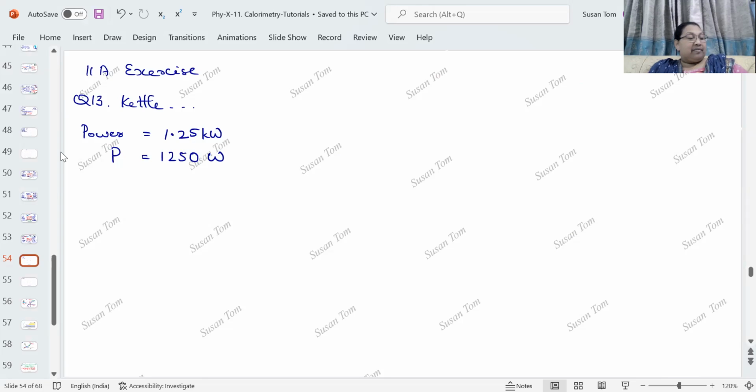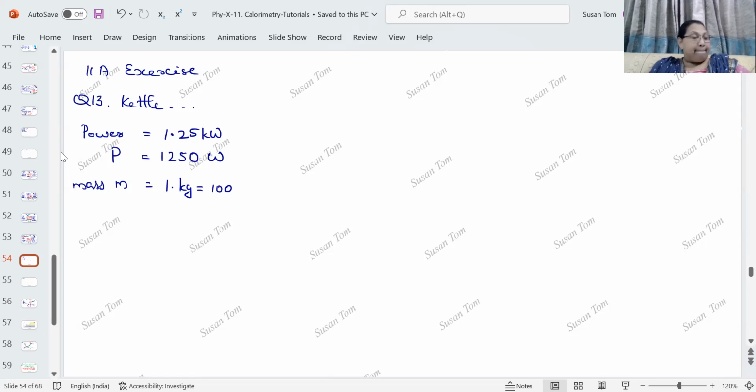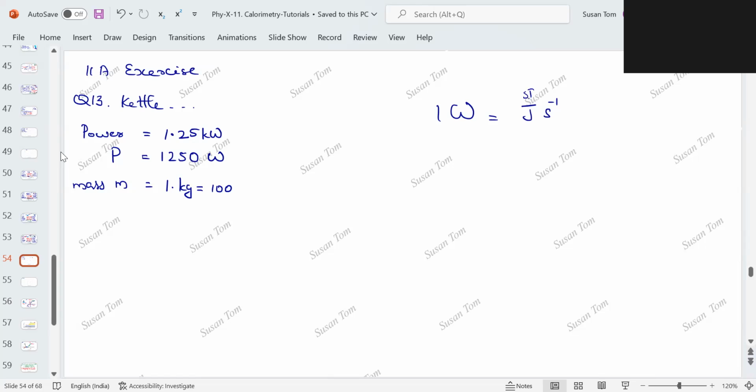Then the mass of water is given. Mass M is equal to 1 kg, which is equal to 1000 gram. Watt means 1 watt equals 1 joule per second. This is in the SI system.